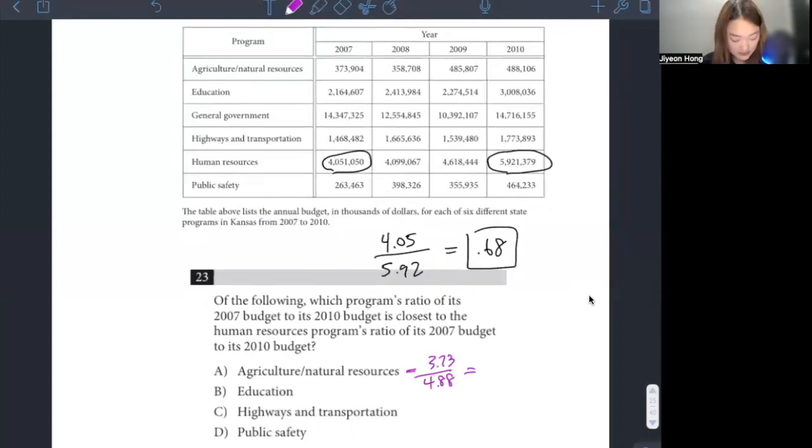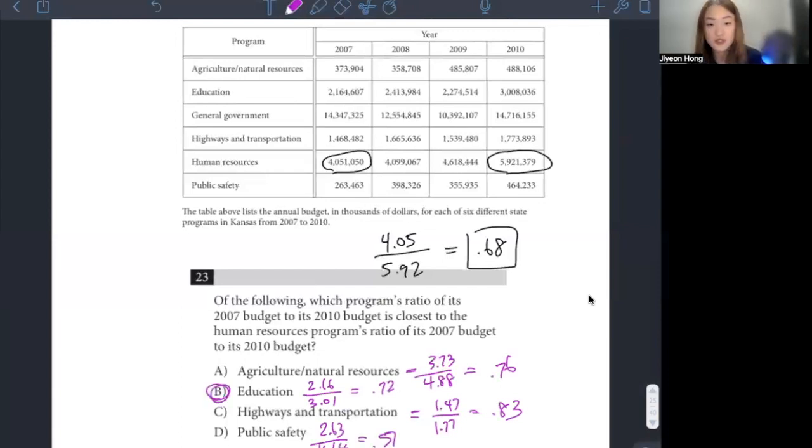So I get 0.76, then I get 2.16 divided by 3.01, 0.72. We get 1.47 divided by 1.77. We get 0.83. We get 2.63 divided by 4.64, which is 0.57. So this is really a time game.